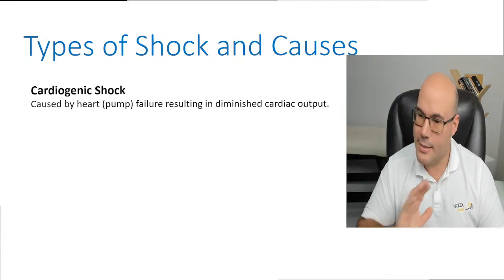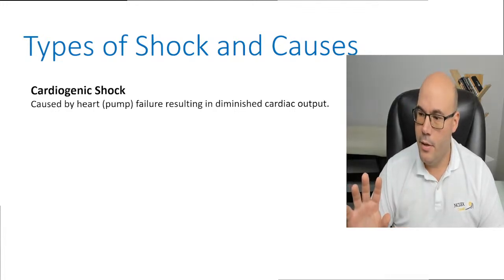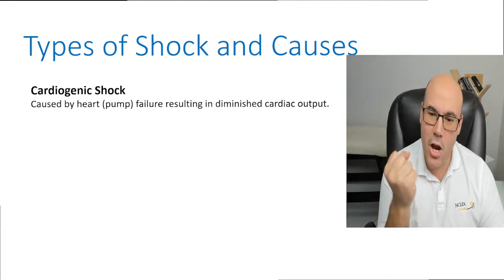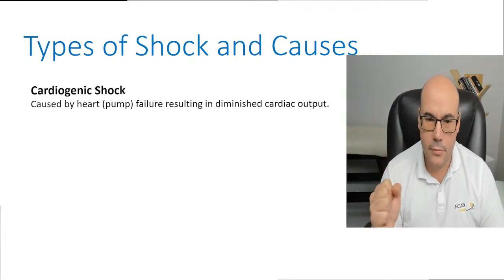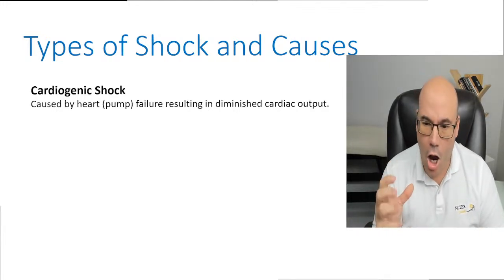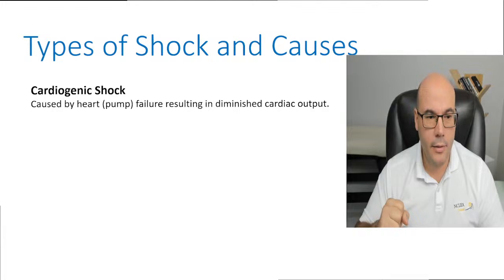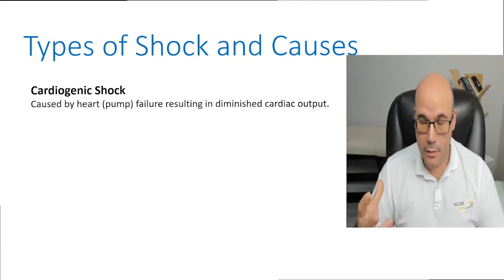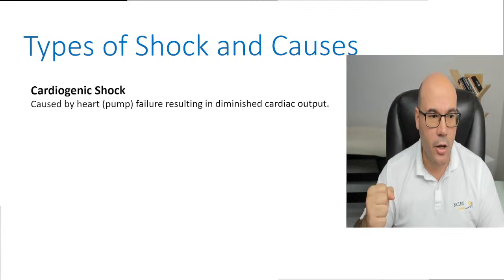Cardiogenic shock is a different problem. Cardiogenic shock is caused by failure of the pump. We have failure of the heart. The heart cannot pump the blood. There is blood, but the heart is not able to pump it. So what's going to be the end result of a cardiogenic shock?